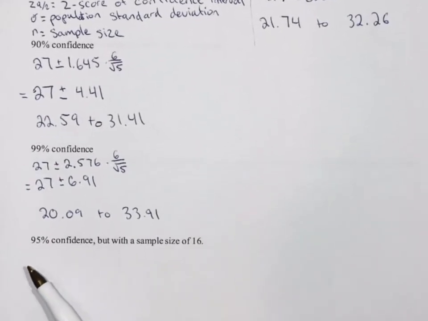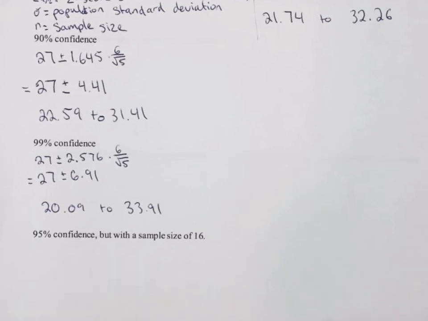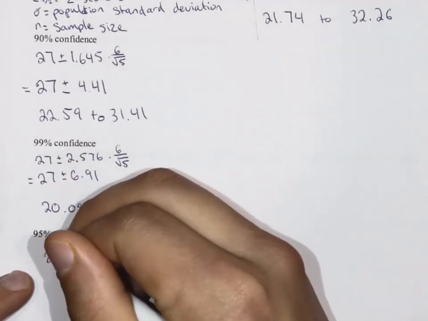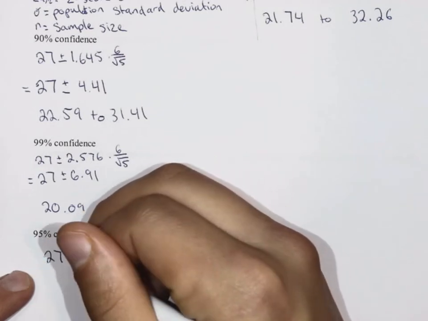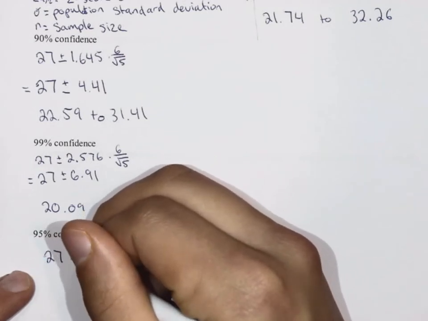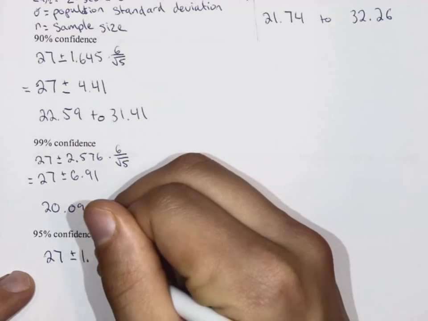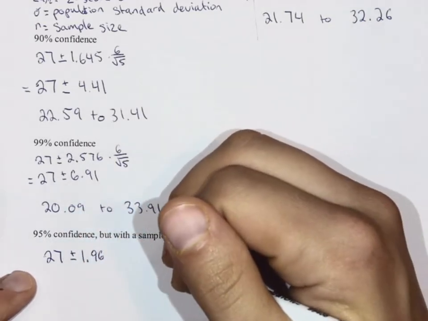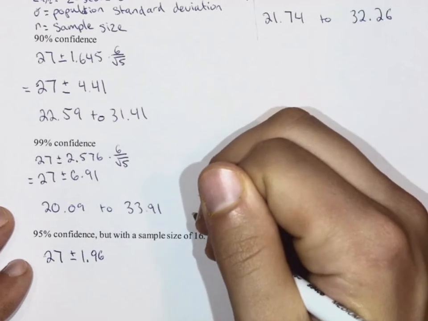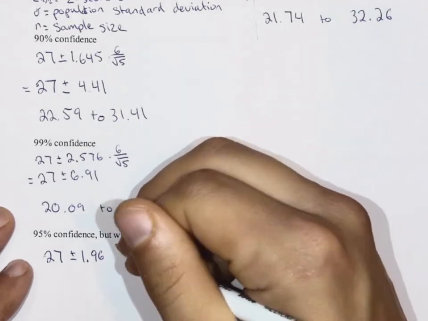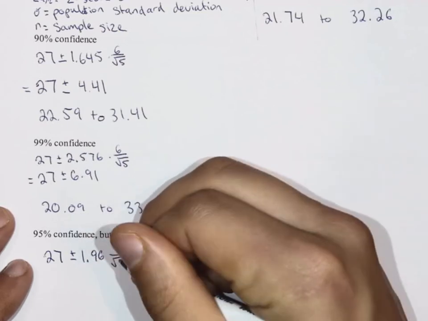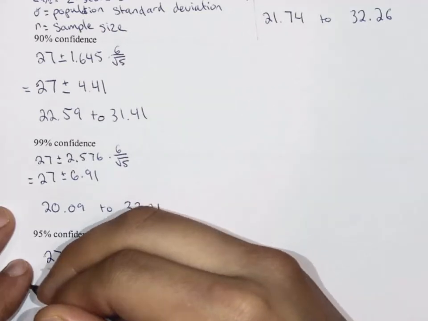Now at 95% confidence, but with a sample size of 16, what will happen? 27 plus minus 1.96 times the standard deviation of 6 divided by the square root of 16.